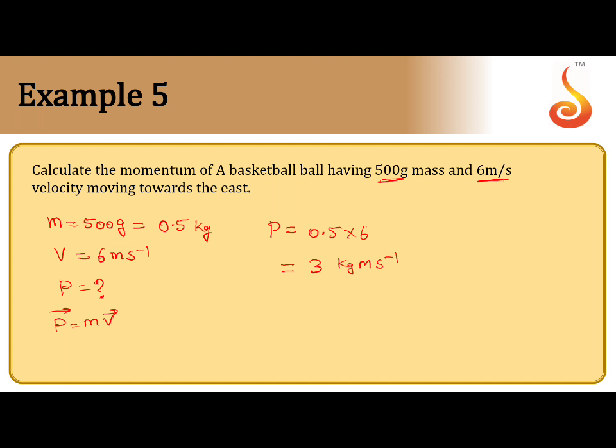The direction is to be written because it is a vector quantity. Whatever is the direction of velocity will be the direction of momentum. So you observe velocity is towards east. So here also the momentum will be towards east. Suppose they had told along the x-axis, then instead of writing towards east, you can write 3 i cap kg meter per second.